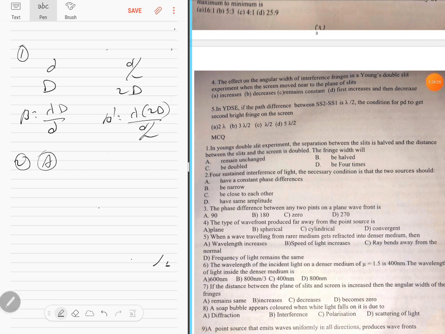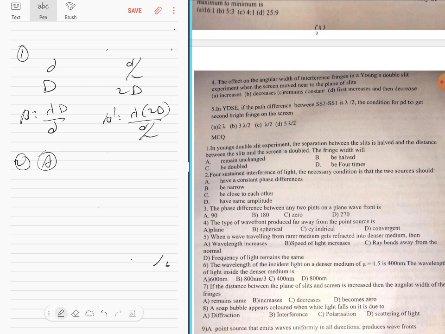So now I'm going to tell you the conditions required for sustained interference. The two sources of light must be coherent, which you already know. They should be in the same phase or with a constant phase difference.